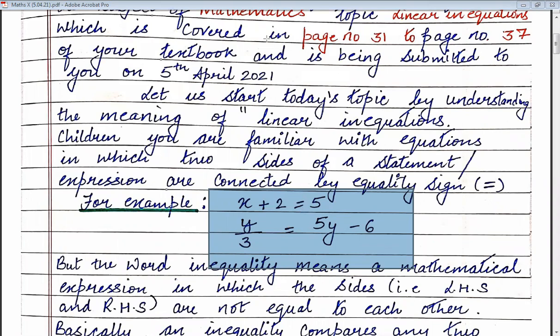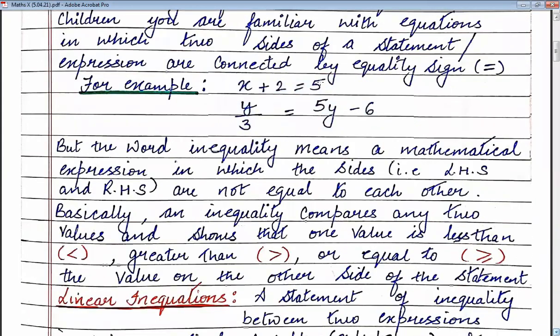Now let's understand the meaning of inequality. Children, in the above example we were having equal to sign, but instead of equal to sign, if we have any other sign like less than, greater than, then that statement becomes inequality.